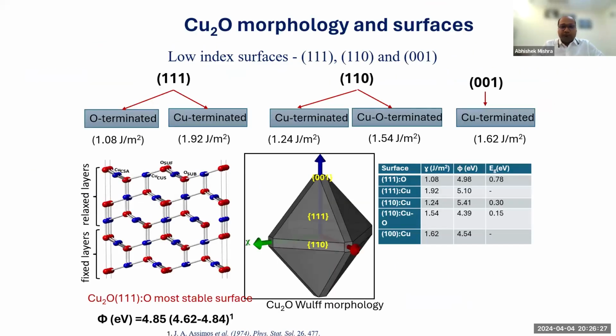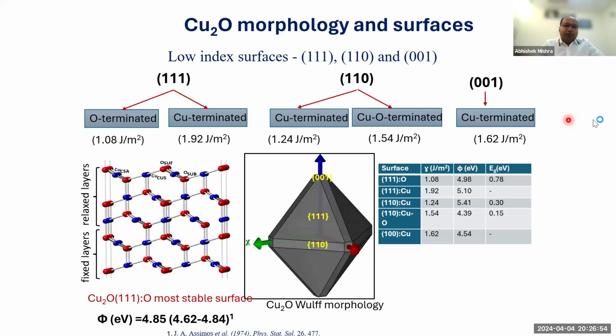Now more results. We started from copper 1 oxide, and we looked at the low index surfaces. They are easy to construct. If you look at the different surfaces, 111, 110 or 100, they can have different orientations. We started by exploring the different possible terminations.